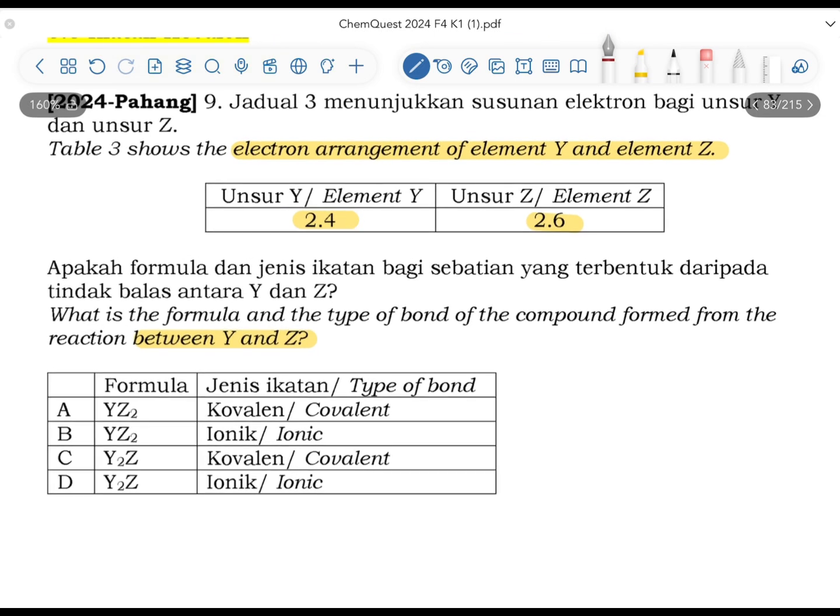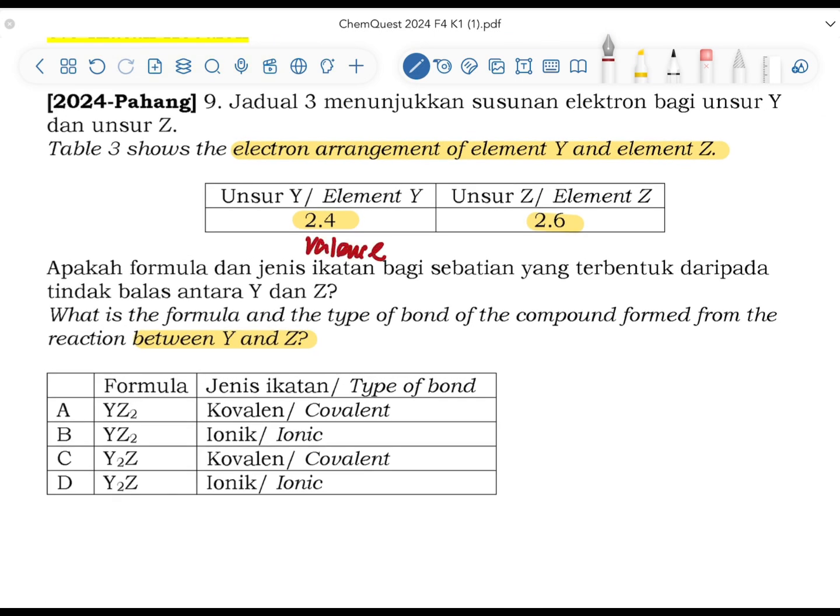Okay, so the valence electrons for Y is 4, right. So the valence electron for Z we have 6. So it means that Y actually comes from group 14, meanwhile element Z comes from group 16.